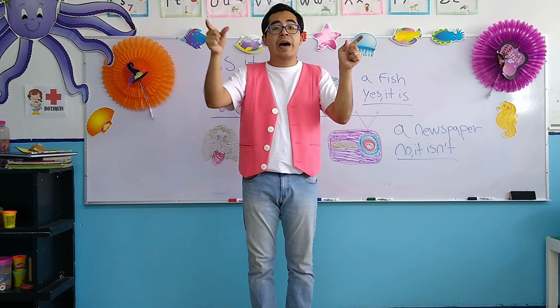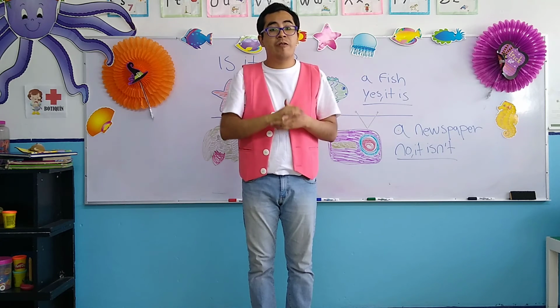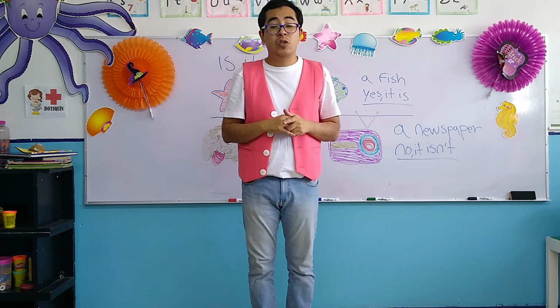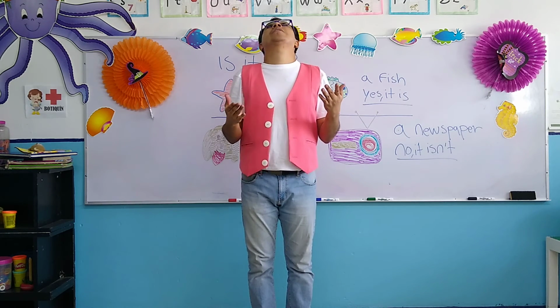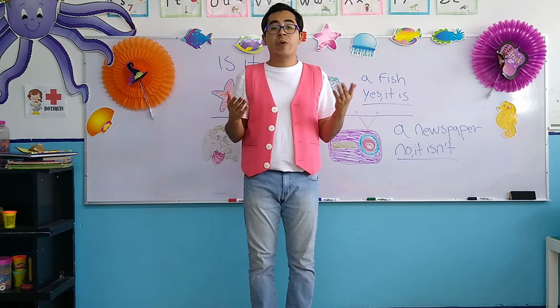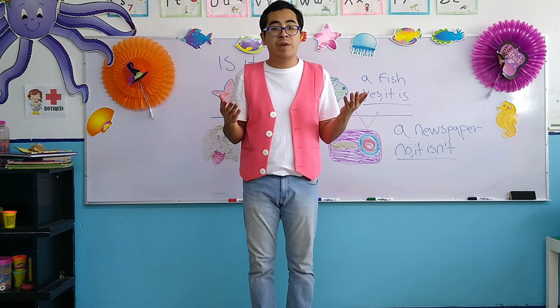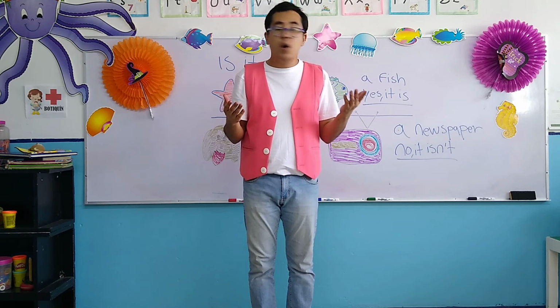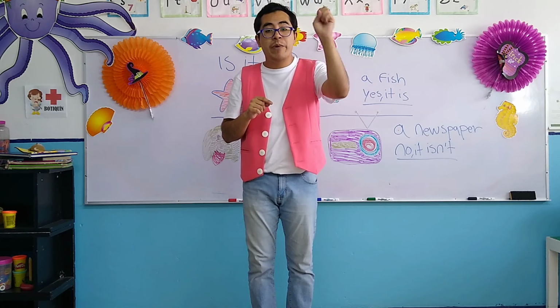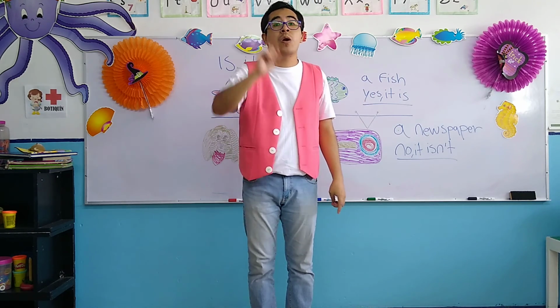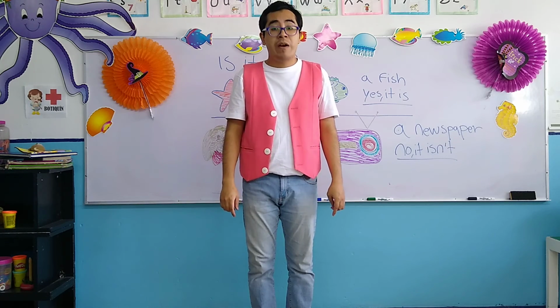Is it a donkey? Etc. Okay? And don't forget the two answers. When it's true, cuando es verdad, yes, it is. When it's false, cuando es falso, no es verdad, no, it isn't. It can be for objects, puede ser para objetos or colors. Okay? Very good, my children.